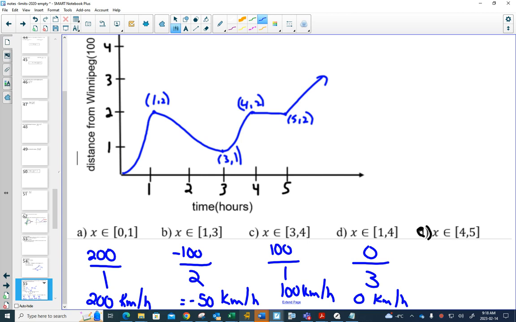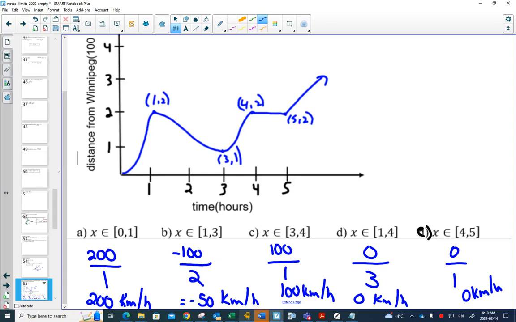We could have just stayed there and got the same amount done. And finally, from 4 to 5, again, there was no change. But from 4 to 5, can you see that we've actually stopped? We weren't moving at all. But from 1 to 4, things did happen.